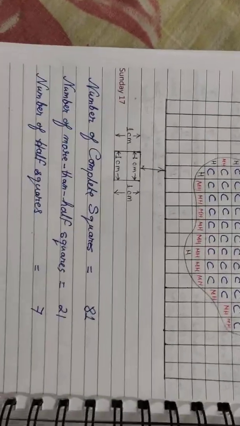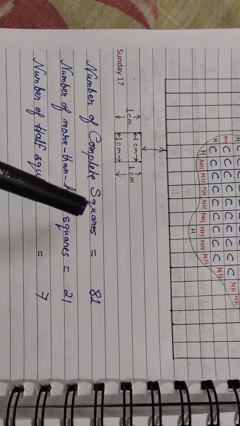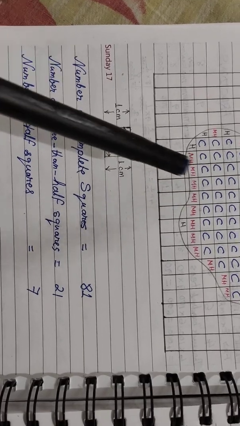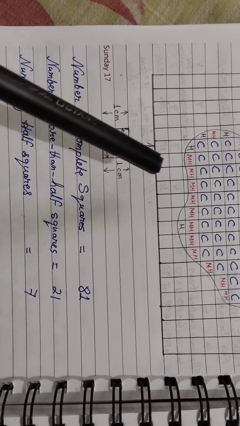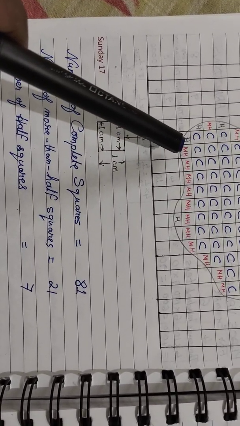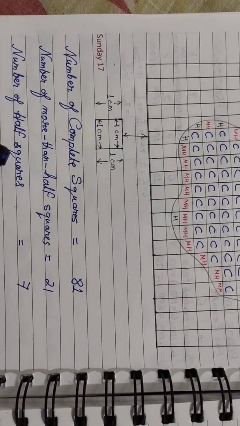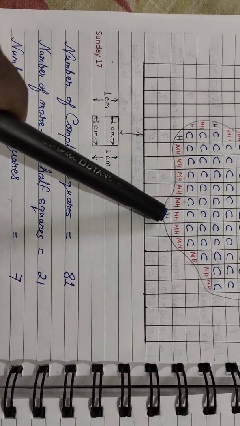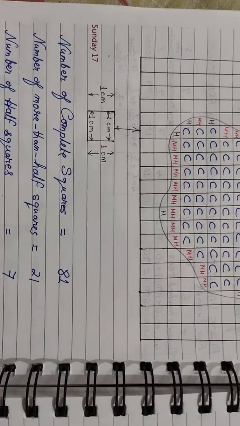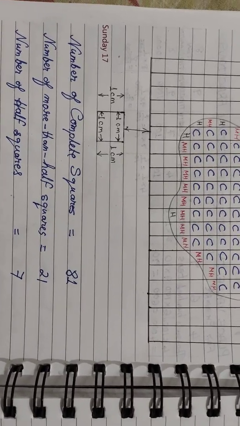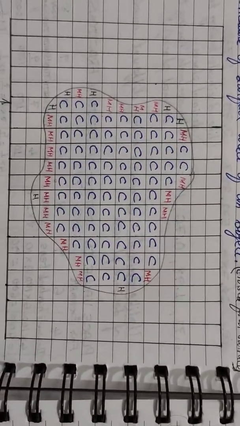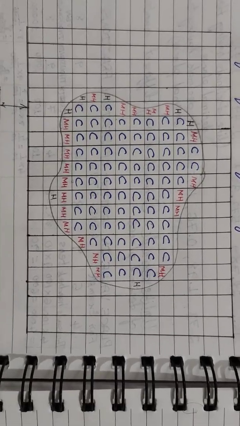So to count, we only count complete squares, which I have given C marking, more than half squares, which I have given MH, standing for more than half, and half squares, which I have written over here as capital H. Don't count the squares which are less than half in size inside the boundary of the surface.